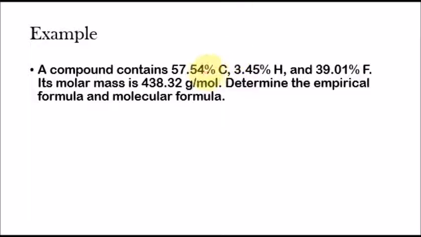First step is to convert all the percentages just to grams. Okay, now we have to convert all of these grams to moles, so let's get right to it. Moles of carbon is what we're looking for, and we're given 57.54 grams of carbon.